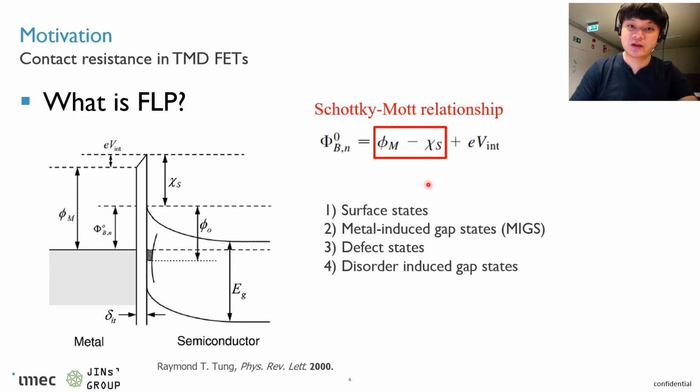In this slide, let me talk about the Fermi level pinning effect. Normally, when the metal and the semiconductor attach to each other, the Schottky model relationship should be satisfied, right? However, some factors such as surface states, metal-induced gap states, defect states, or disorder-induced gap states can form a special potential which gets out of the Schottky relationship.